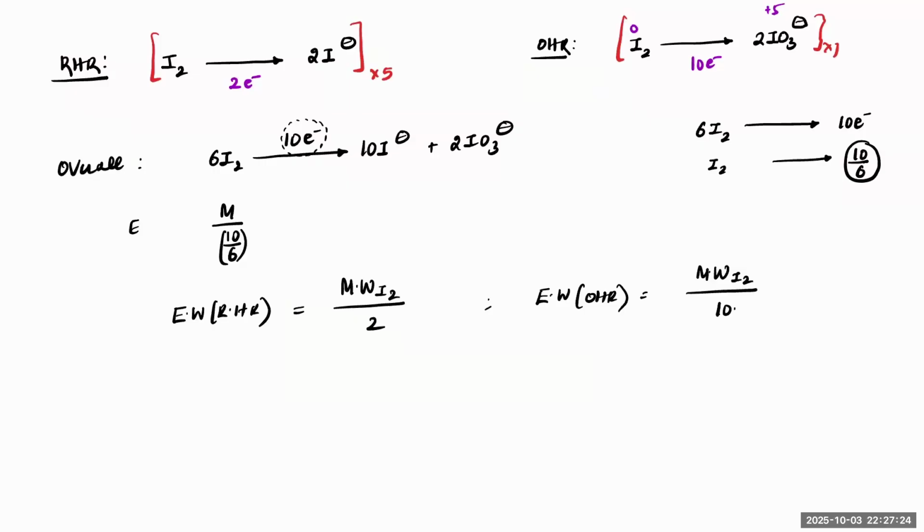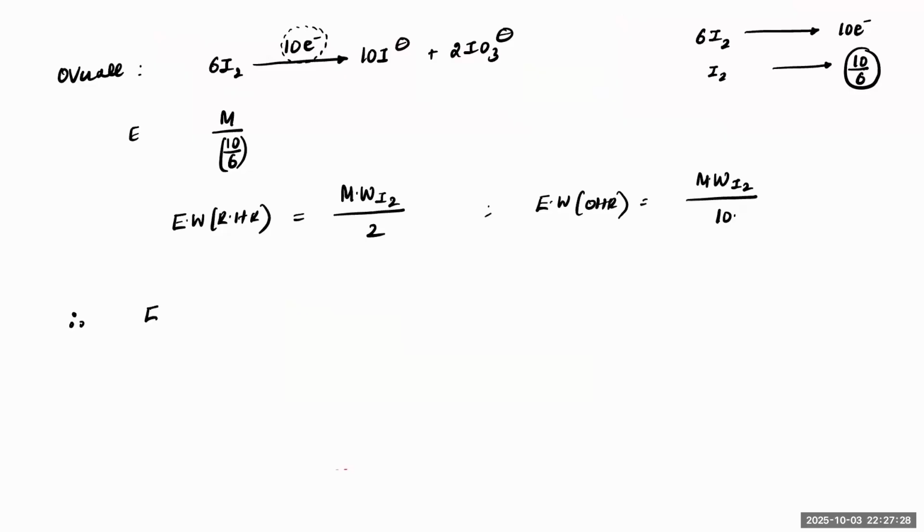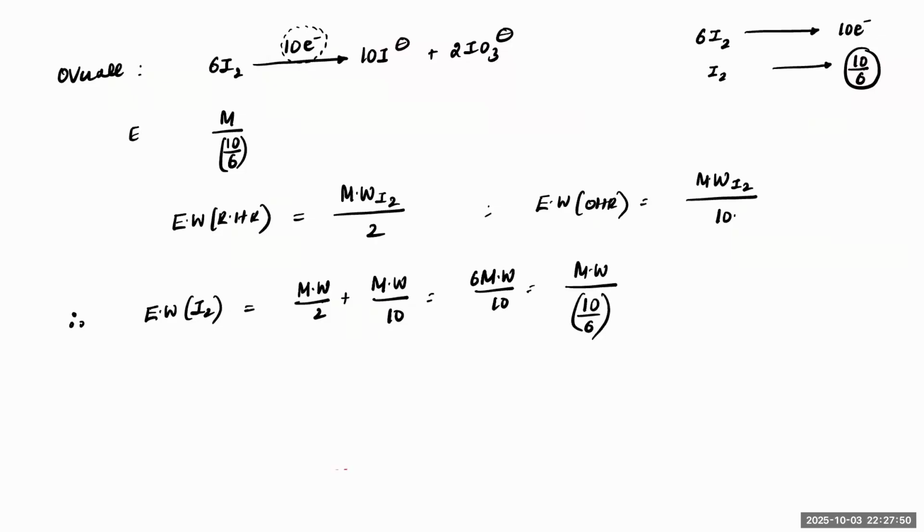So therefore, equivalent weight of I2 in the reaction will be equal to molecular weight by 2 plus molecular weight by 10. Then we get 6 molecular weight by 10, or simply this is equal to molecular weight by 10 by 6.